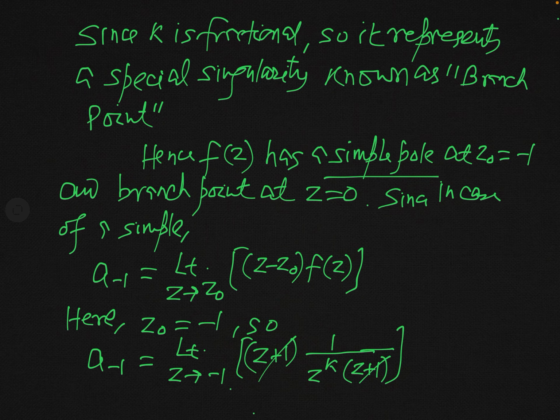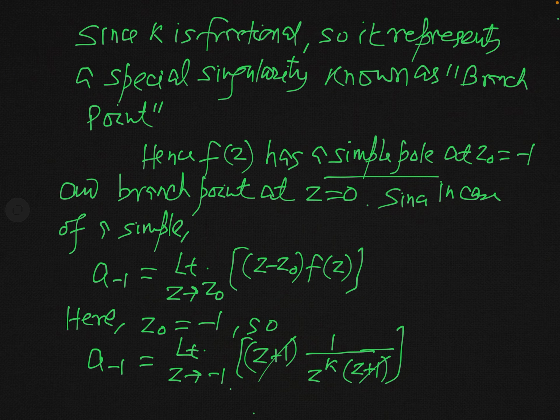In fact, this is the fourth type of singularity, and it is known as a branch point, and you can't say its order. It is not an order-determining singularity or pole, but a special type of singularity called a branch point. So you can see f of z has a simple pole at z0 equal to minus 1 and a branch point at z equal to 0.